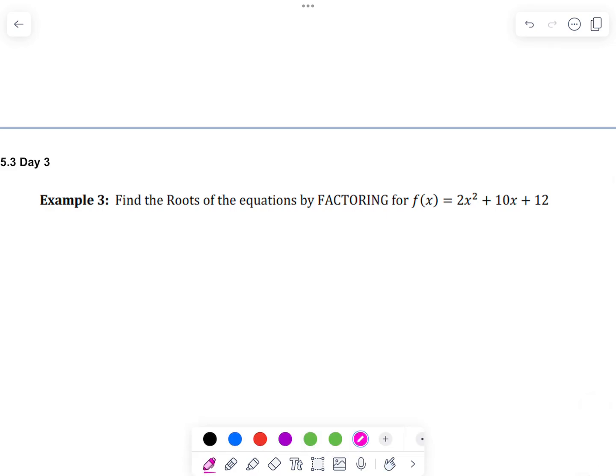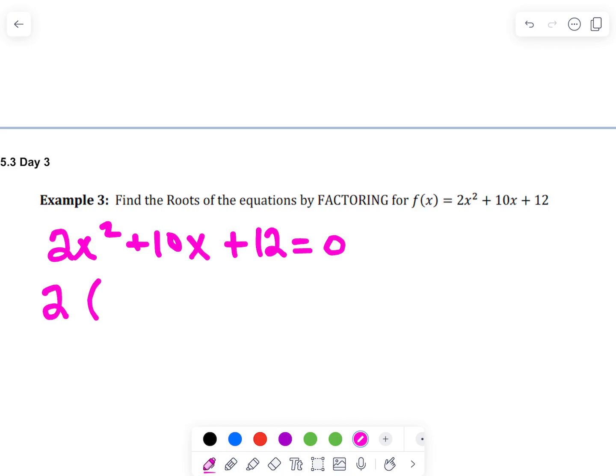Another one, we're going to set the function equal to 0. This equation can first be factored by GCF, so we're going to divide out a 2 from all of the terms. So we're left with x squared plus 5x plus 6.